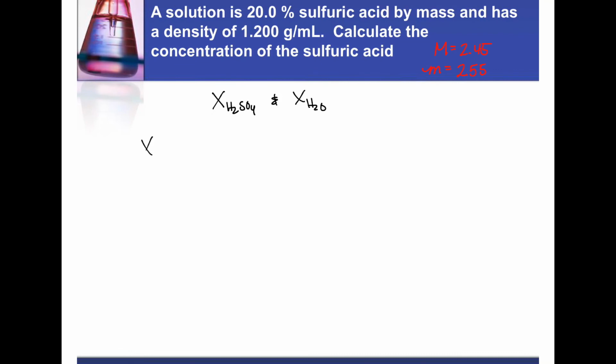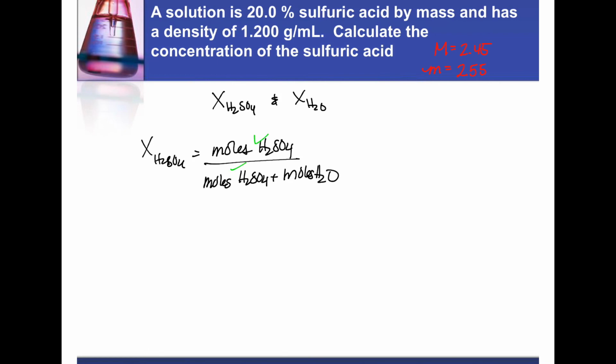Remember, mole fraction is going to be moles of sulfuric acid divided by moles of sulfuric acid plus moles of water. And the good news is we already know moles of sulfuric acid. We calculated that when we calculated the molarity.